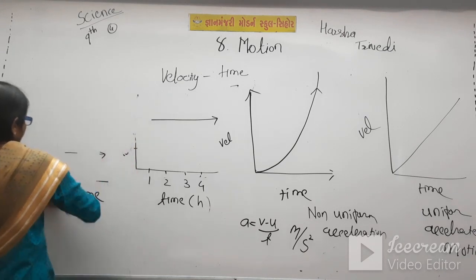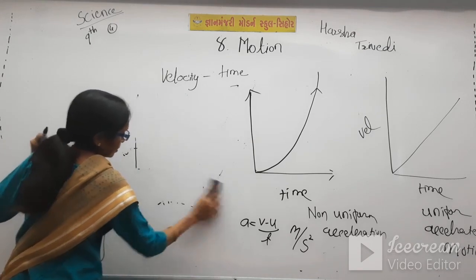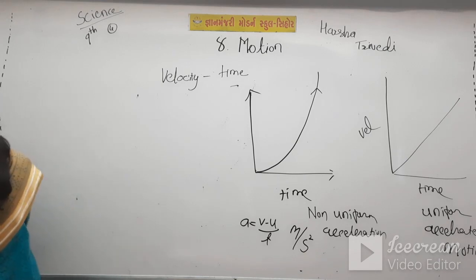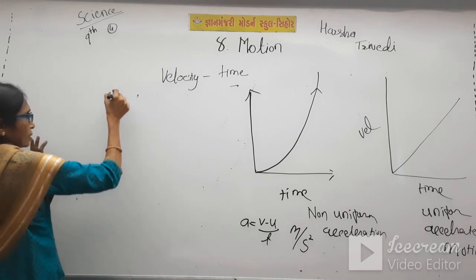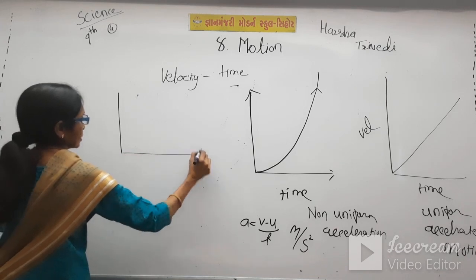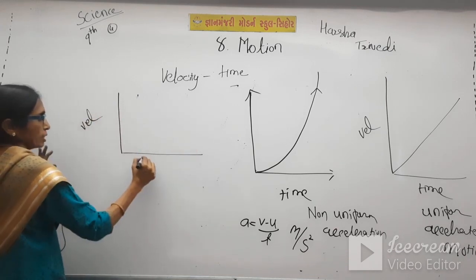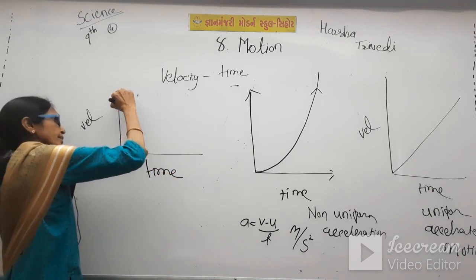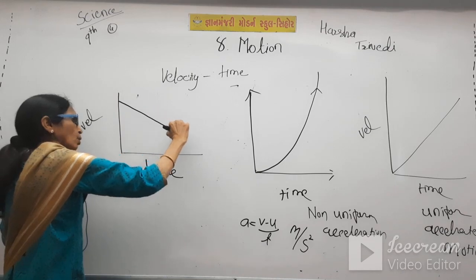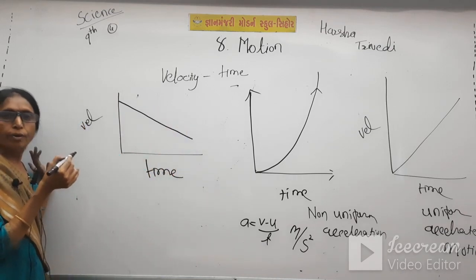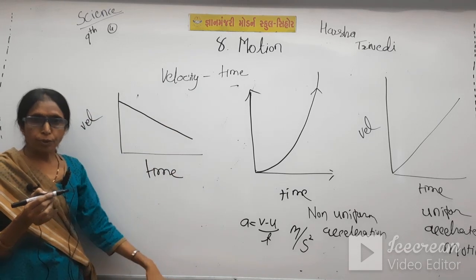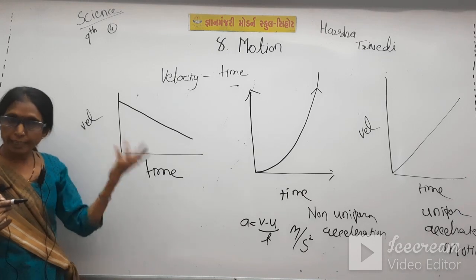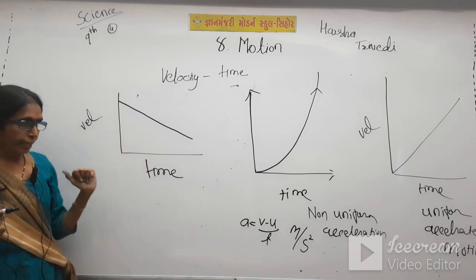Suppose our graph is like this. This is velocity, time on x-axis, velocity on y-axis. If it is like this, coming down, this type of motion is called retarded motion because the velocity is decreasing here. Not accelerated motion, it is called retarded motion.